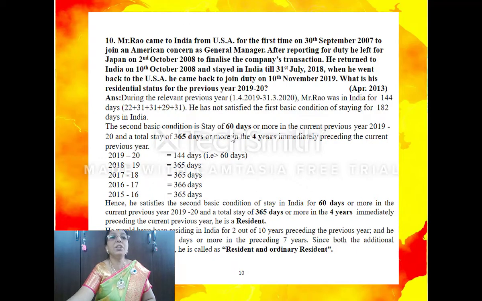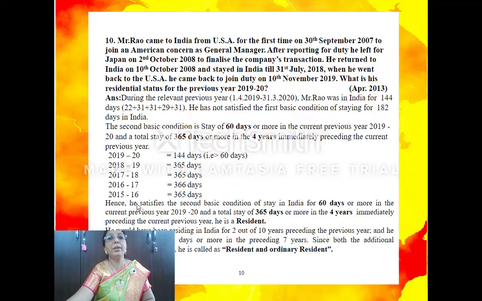Along with that, he should be in India for at least 365 days in 4 years prior to the previous year. So the previous year is 2019-20, that is more than 60. Leaving out the previous year, 2018-19, 2017-18, 2016-17, 2015-16, these are the 4 years prior to the previous year. In this, he should be there for at least 365 days.